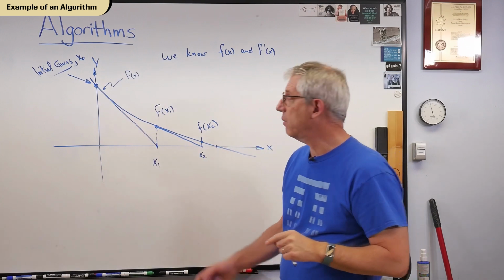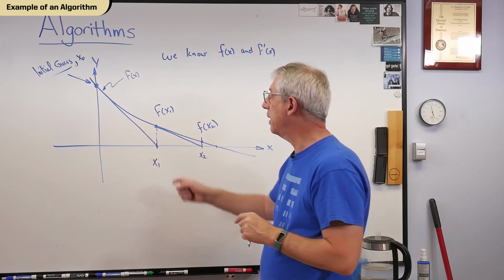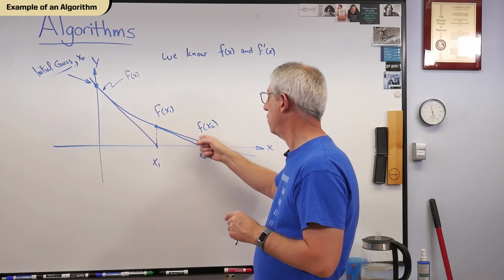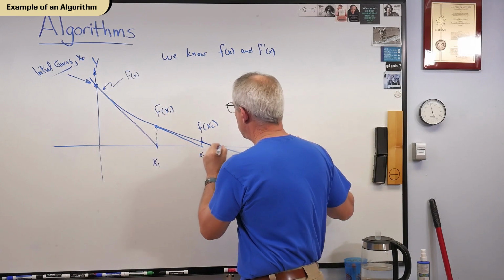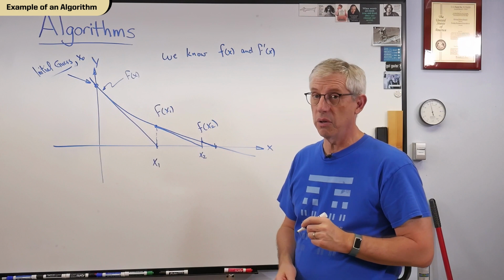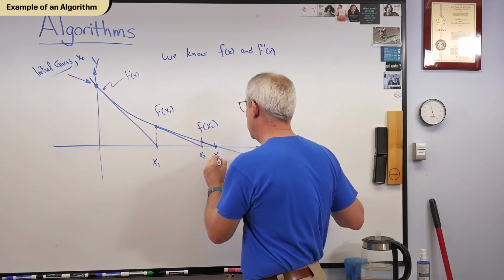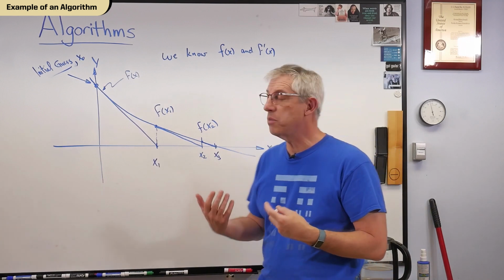We're going to estimate the root based on just assuming this curve is a straight line. Find the new value of f, make another curve, find another one, make another curve. And you can see that this is going to get closer and closer and closer as we progress. That'll be x3.